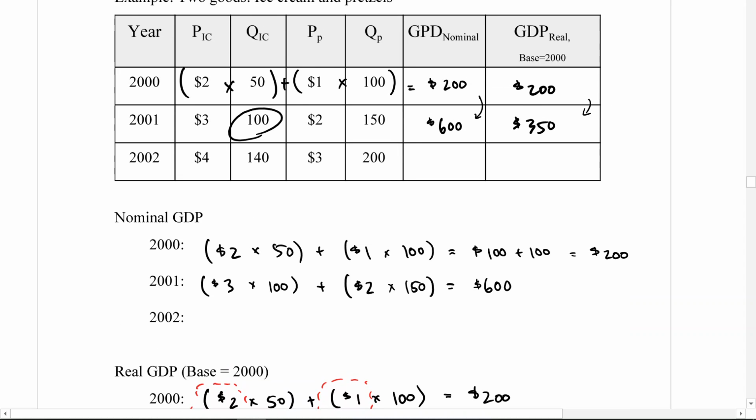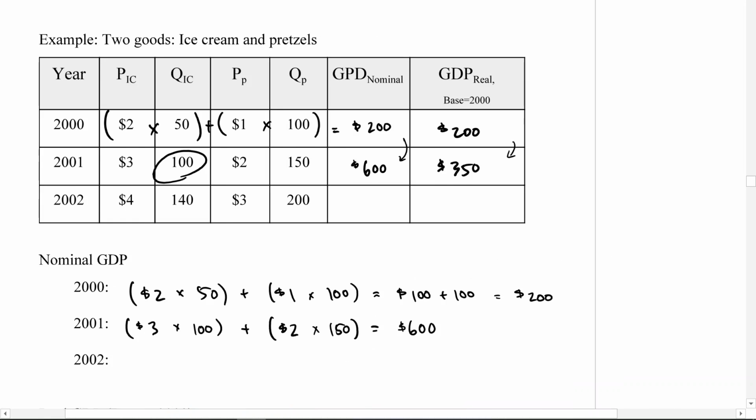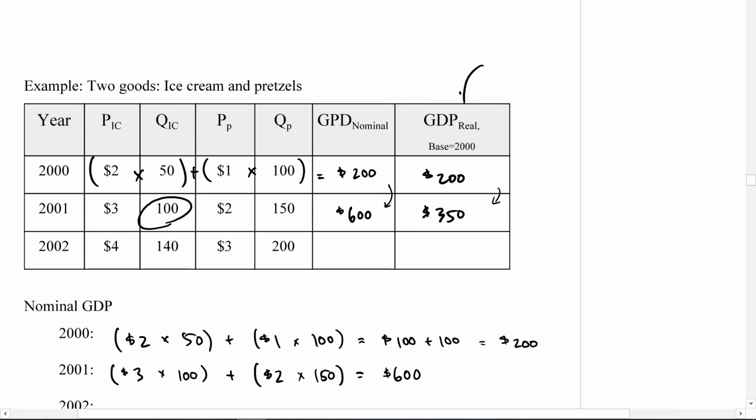But yeah, let me just re-emphasize that anytime we're looking at time trends, we want to be using real GDP. Nominal GDP is fine if you're looking at one point in time, but also potentially cross-country comparisons.